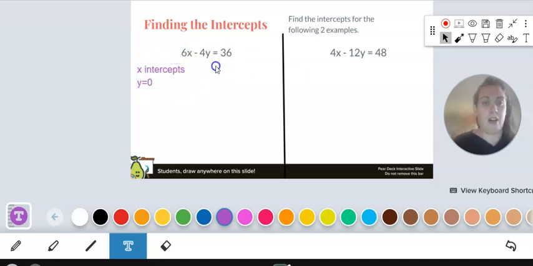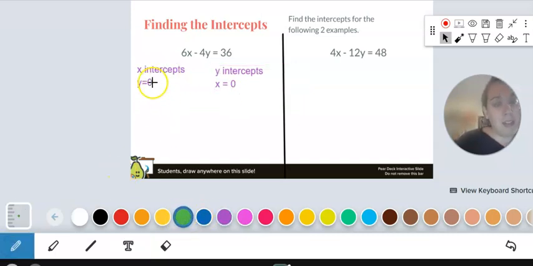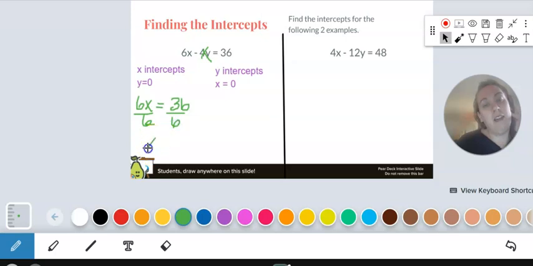And to find our y-intercepts, we set x equal to 0. So on the left, if we set y equal to 0, this will cancel out, and we just have 6x equals 36. Divide both sides by 6. 36 divided by 6 is 6.